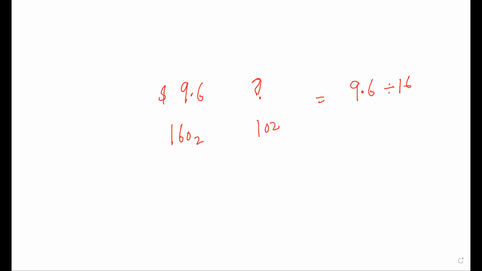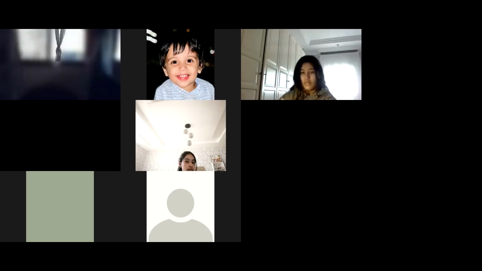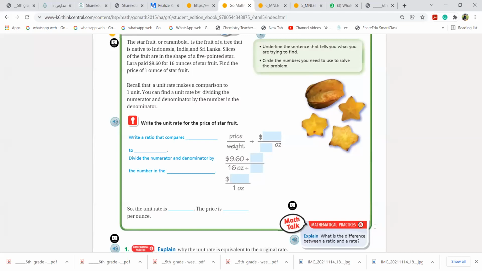So when you divide them, one minute here. Now, write a ratio that compares price and weight. $9.60 is 16 ounces.